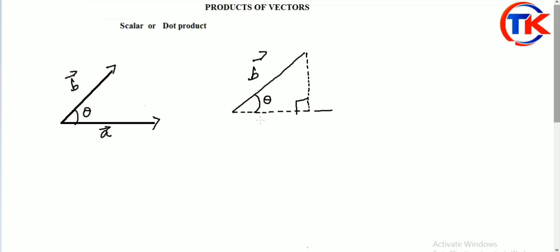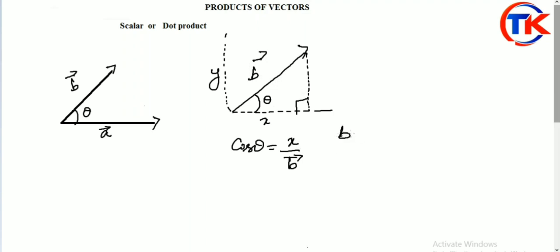So I am going to name it as X and my Y component as Y. So if I take cos theta, the resultant is adjacent side by hypotenuse. In the hypotenuse, B vector is there. Clear? So that B vector having two components, that's the thing we are resolving now.